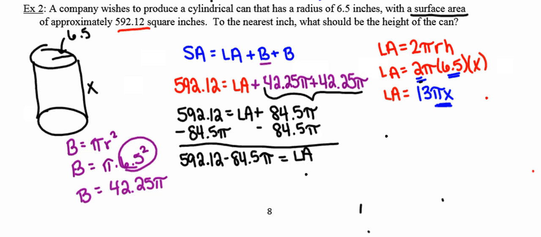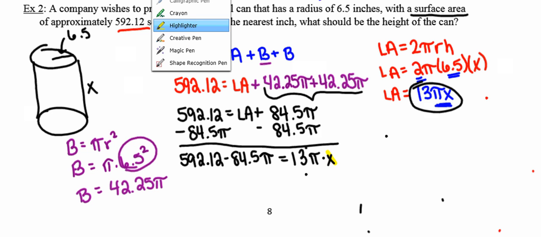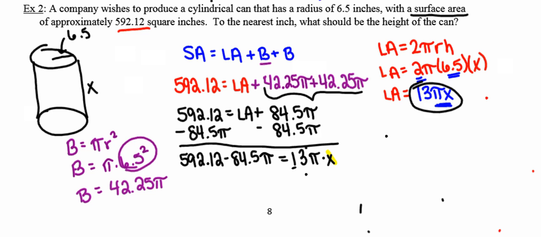But I knew that my lateral area was equal to 13 times pi times x. So I'm going to go back in and substitute 13 times pi times x. And in order to find x, keep in mind that this is the variable here that I'm solving for. To undo a multiply times 13 pi, I'm going to divide by 13 pi.